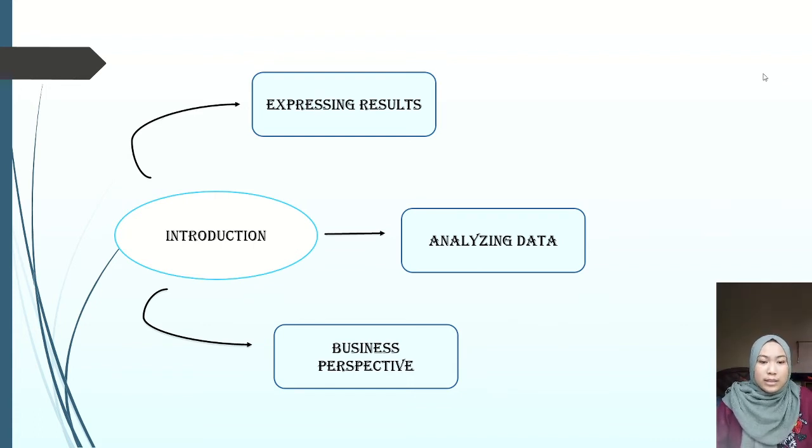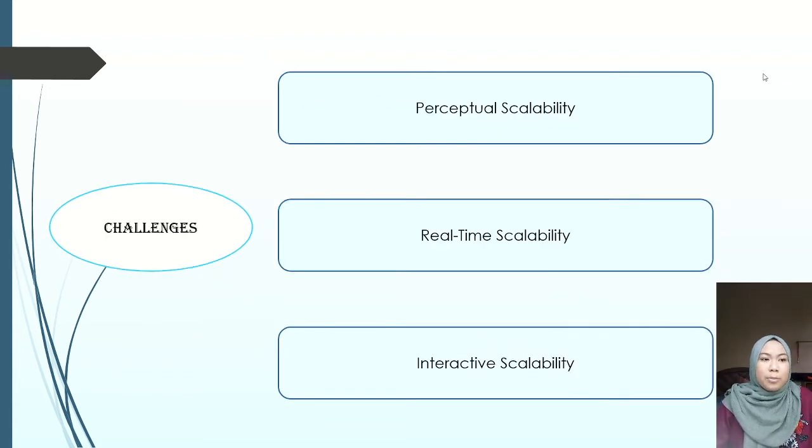The challenges in this short paper are perceptual scalability, real-time scalability, and interactive scalability. Under perceptual scalability, there are two items: human perception and limited screens. Human perception explains the weakness of human eyes in extracting data from a data set.